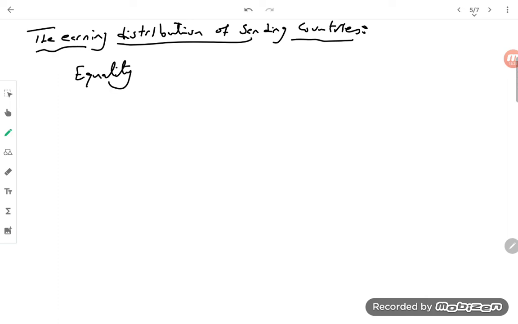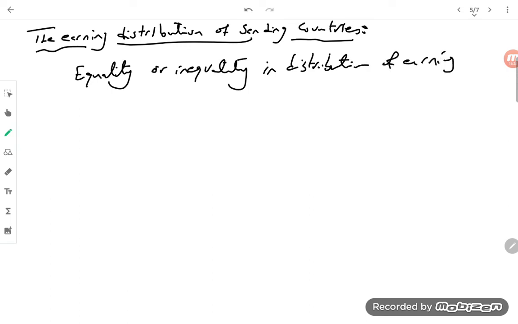Equality or inequality in distribution of earning in general, and equality or inequality in distribution of earning between skilled and unskilled workers.